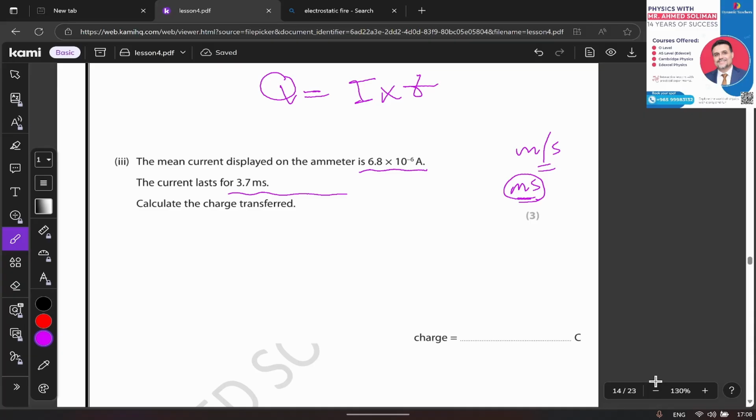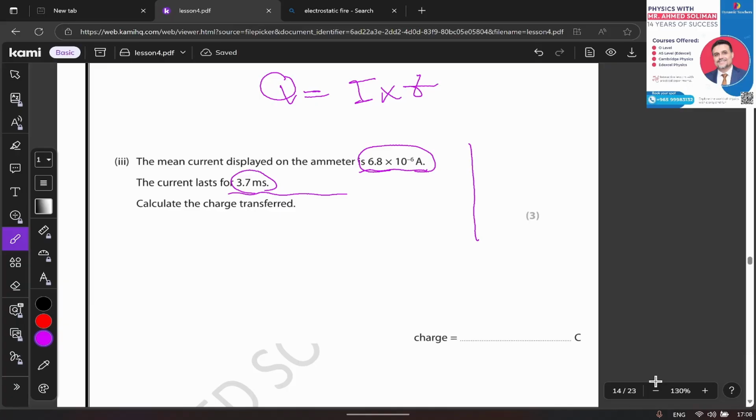Millisecond. Okay? So now we have millisecond, because there's a big difference. Meter per second means this is velocity or speed. But millisecond, it will be time. So as you see, he gave us this one and this one. So what is the given he gave us with symbols, Bara? We have the current.